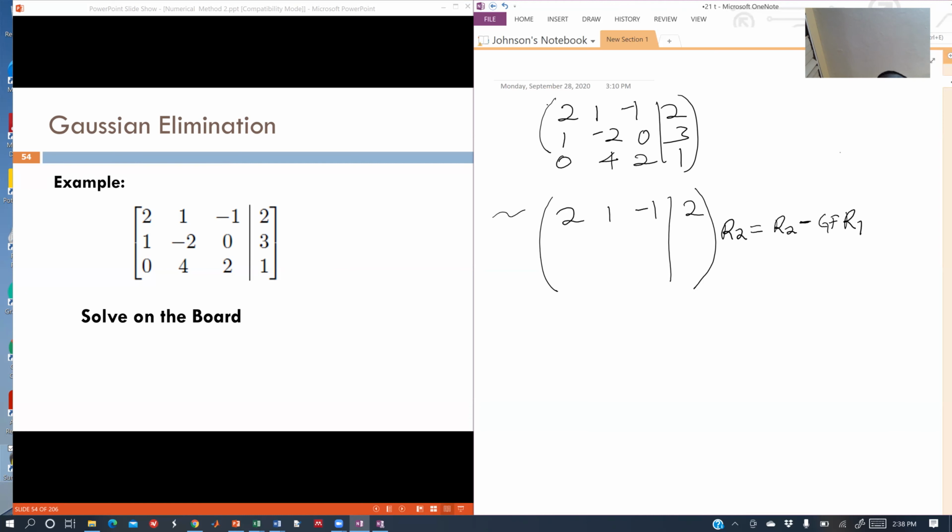So what is this Gaussian factor? The Gaussian factor is computed as the number that you are sending to 0, divided by the pivot at that particular stage, which is the 2. So my Gaussian factor in this case is given by 1 over 2.